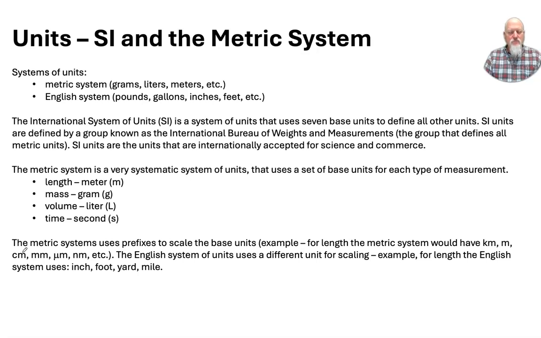Okay, so we're going to be concerned about these things called SI units, and SI units are units that are assigned by the International Bureau of Weights and Measures, and they're the ones that define what units mean, how big they are, and they're internationally accepted, and they deal with all the metric units.